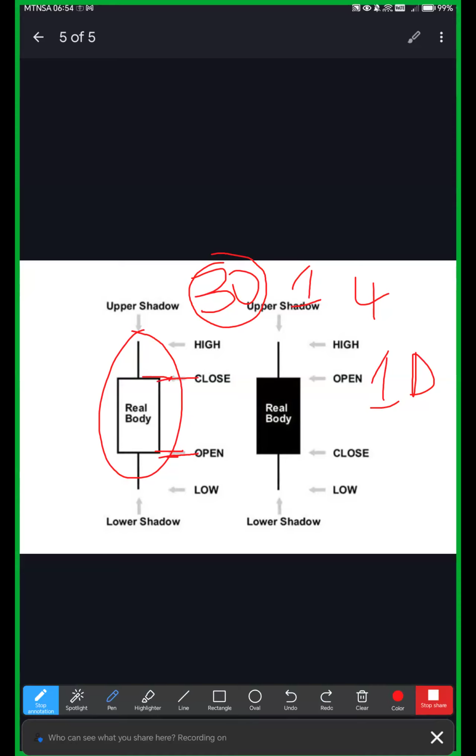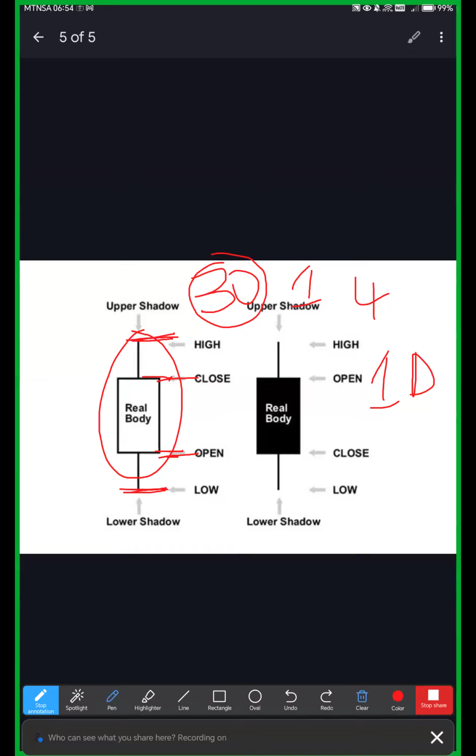And at times you will discover that in that period of 30 minutes, you are going to see how the price moved. How did the price move to the top? How did the price move to the bottom? So there should be the high of the market, which is a price, and the low of the market, which is also a price. How low the price went, how high the price went.